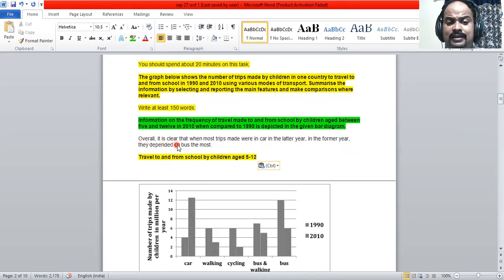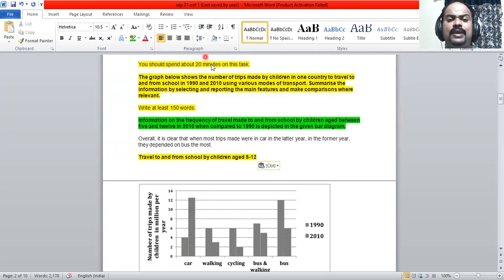Overall, it's clear that most trips were made by car in the latter year, while in the former year, they depended on the bus the most. So you can say car was the most preferred mode of transportation in 2010.